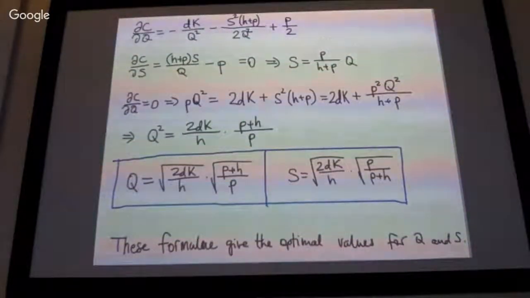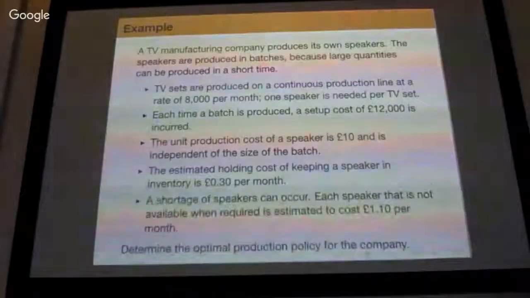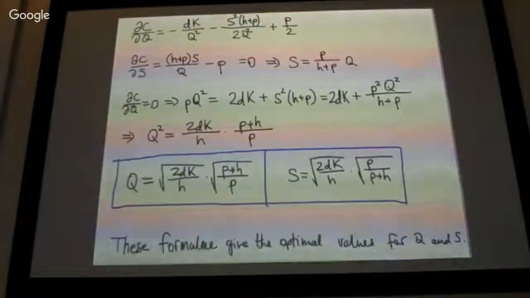Is that all right now? These formulae give us the optimal values for Q and S.